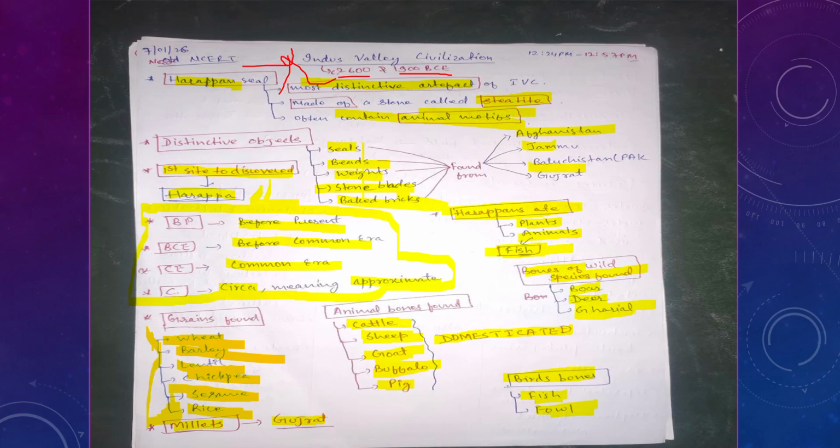Then lentil, chickpea, and sesame. Animals that were domesticated include cattle, sheep, goat, buffalo, and pig.